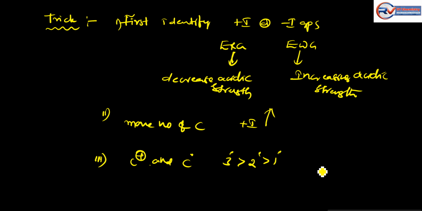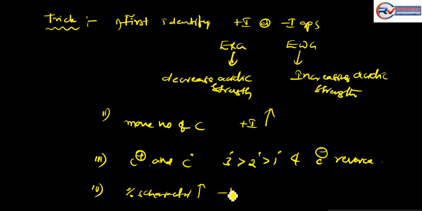And stability of carbanion is the reverse of carbocation. Next, if the percentage of s character increases, the negative inductive effect increases.